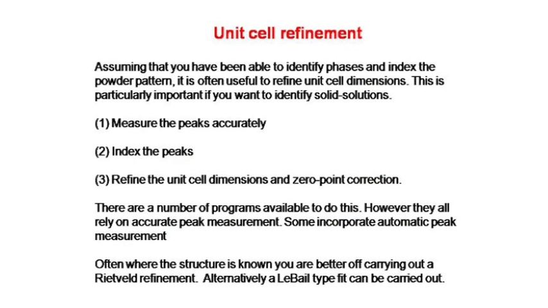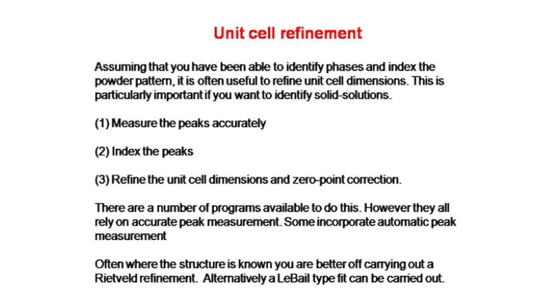Now, Unitcell refinement is very, very common. If you're going to do Rietveld analysis, you probably have to do this before you start your analysis on many occasions. You may just want to have your unit cell dimensions without doing a full Rietveld analysis because you might not know the structure.